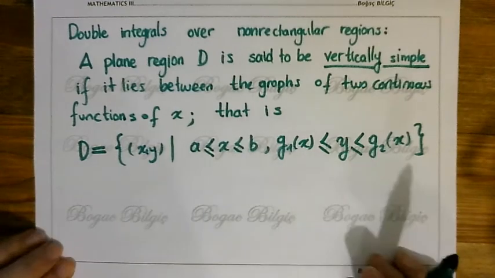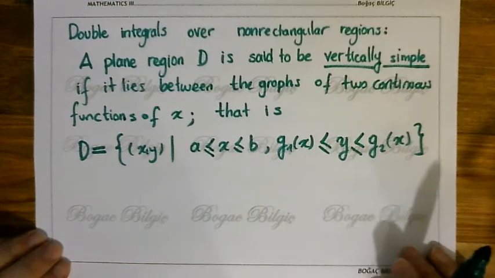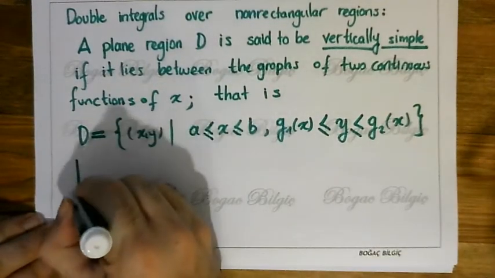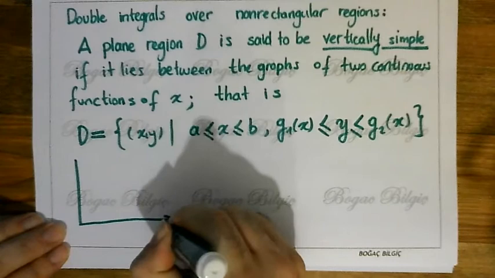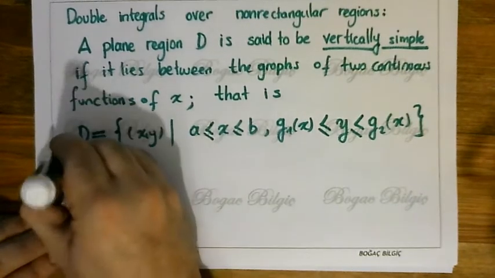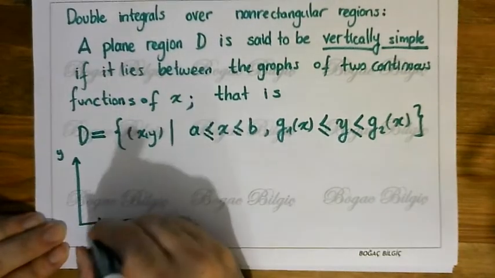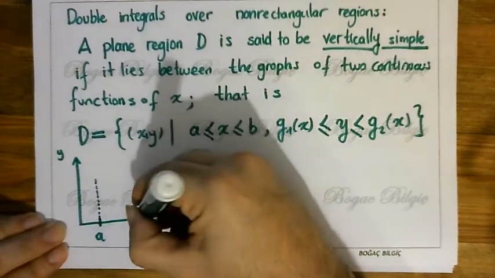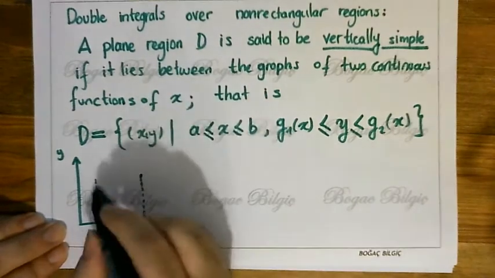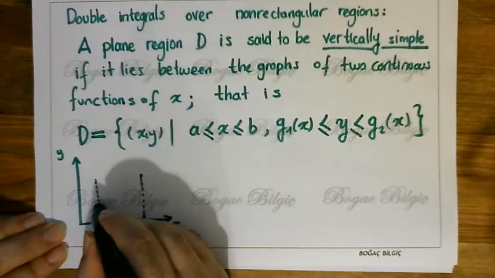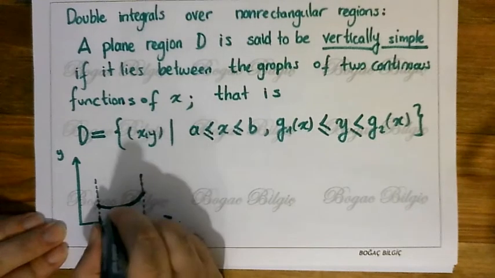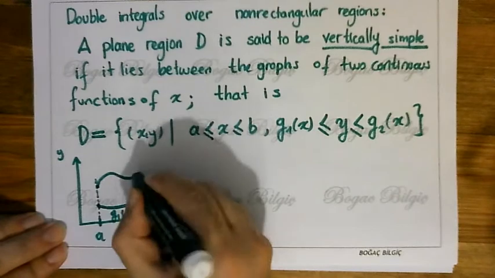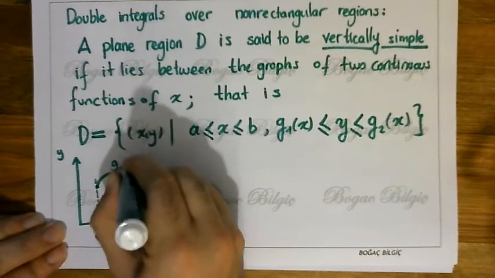Some examples of vertically simple regions are shown in the following figures. For example: x, y, a, b. This is the g1 function and the g2 function.